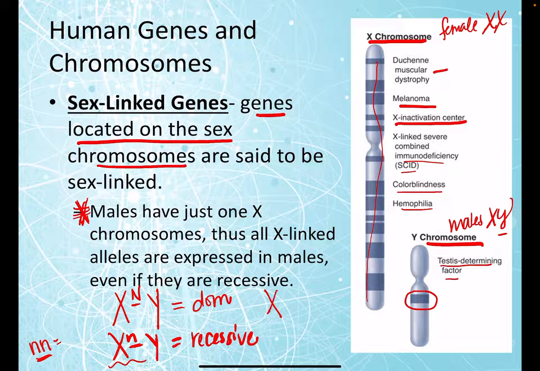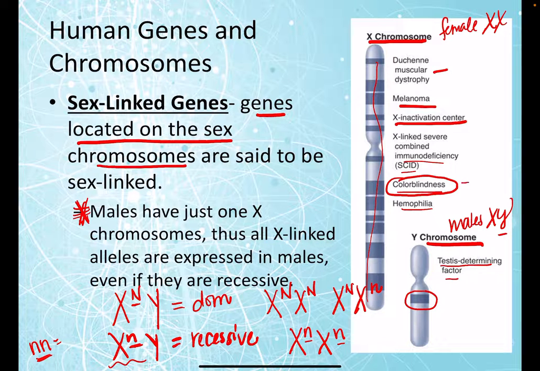Versus in females, they could be X big N, X big N, or X big N, X little n, and show the dominant trait. And on the recessive end, they would have to get two copies of the recessive allele.